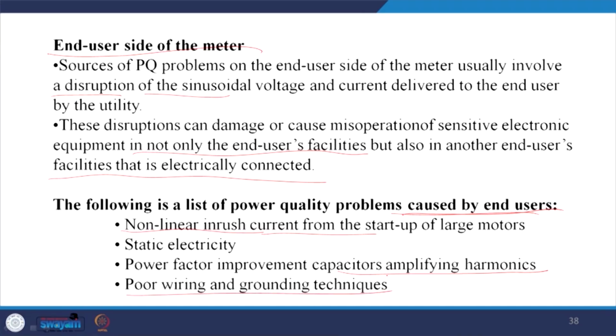Poor wiring may lead to an increase in inductance. So, you have to put the wiring in such a way that antiparallel current flows and your inductance gets minimized. It mitigates the flux, and in the same way for the grounding, if it is not properly grounded, the neutral point will oscillate. That also leads to the power quality problem.